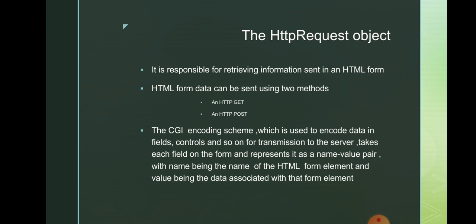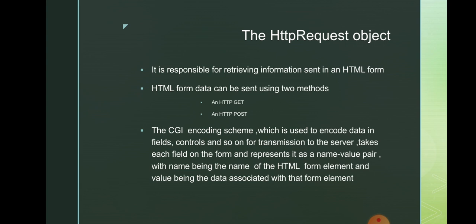Students, listen carefully. First one is the HTTP request object. Next is the HTTP response object. The third one is the HTTP server utility object. Next, the fourth one is the HTTP application state object. Next, the fifth one is the HTTP session state object.